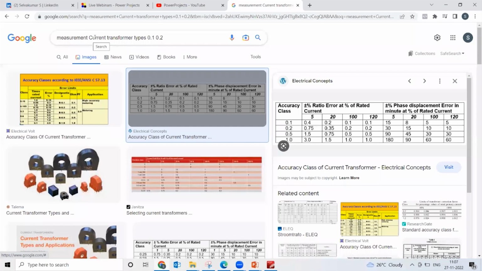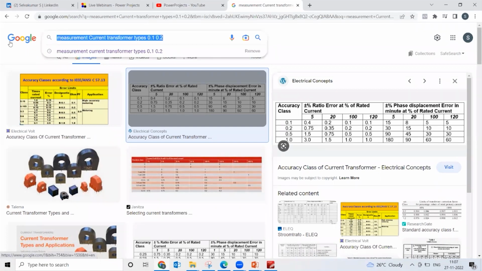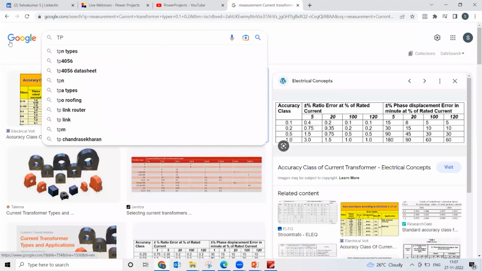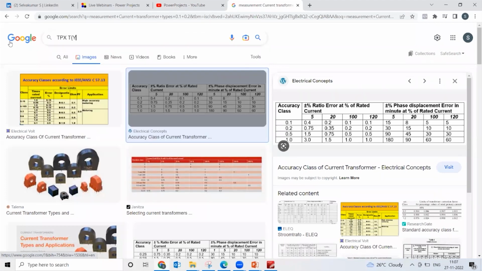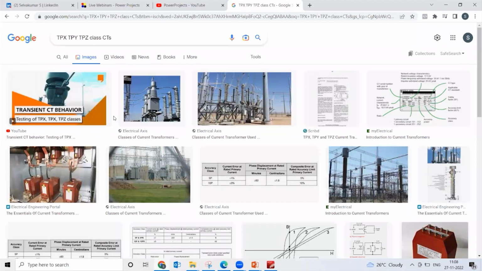Then with respect to IEC, you have PX, PY, PZ, TPX, TPY, TPZ, right? I'm not really sure whether you are aware of all these things: TPX, TPY, TPZ class CTs. They are special class protection CTs.